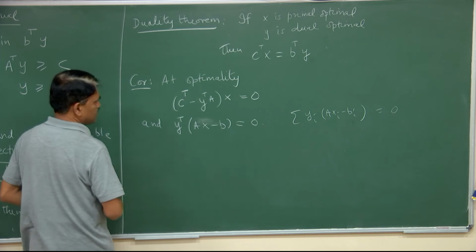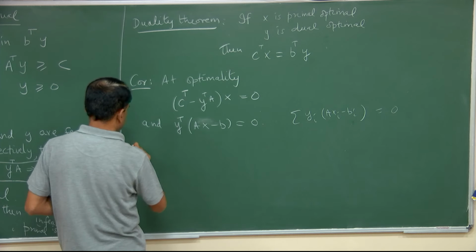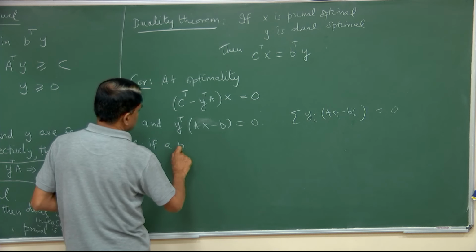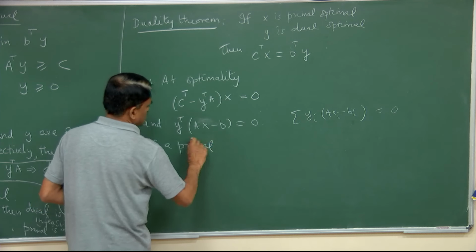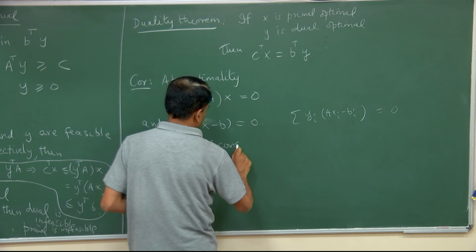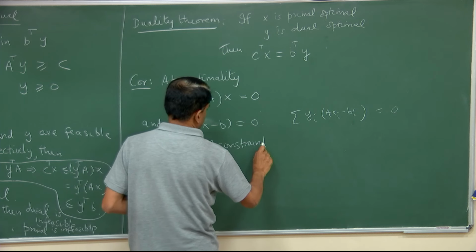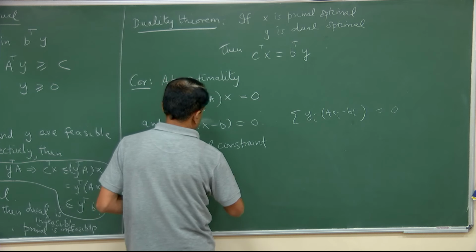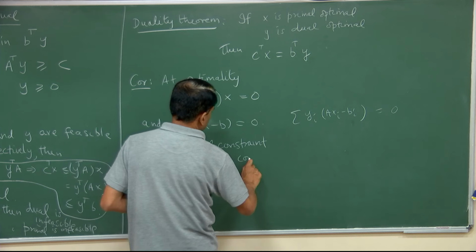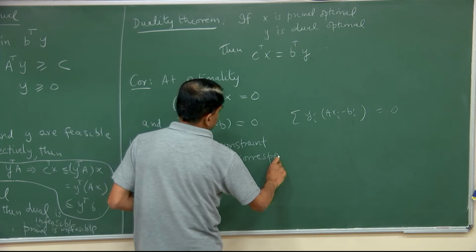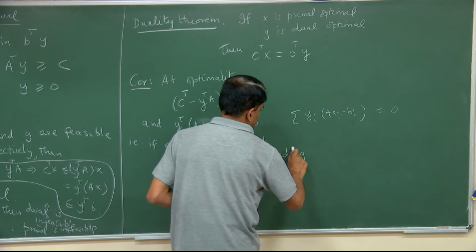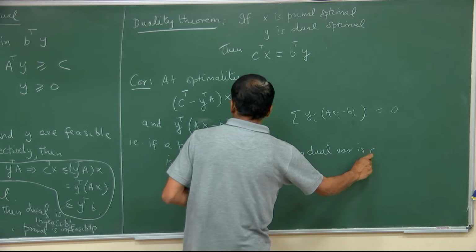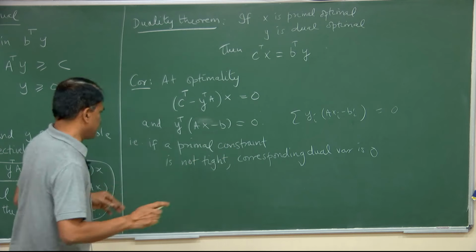So if a primal constraint is not tight, the corresponding dual variable is 0. This is at optimality. We are talking about at optimality.